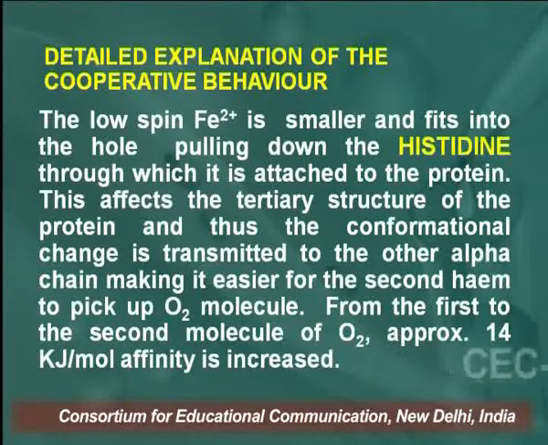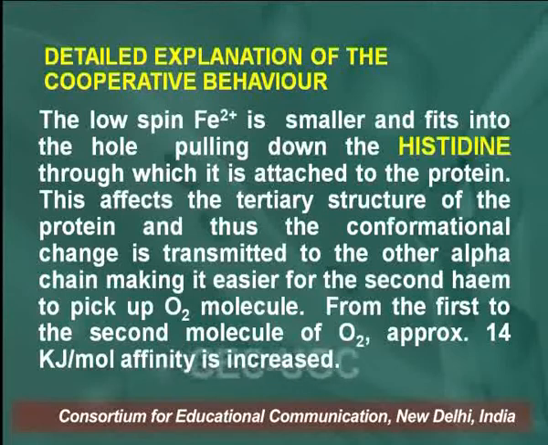So when the ferrous ion falls into the slot of the porphyrin ring, it pulls down the protein chain to which it is attached at the fifth position. This affects the tertiary structure of the protein, and thus the conformational change is transmitted to the other alpha chain.